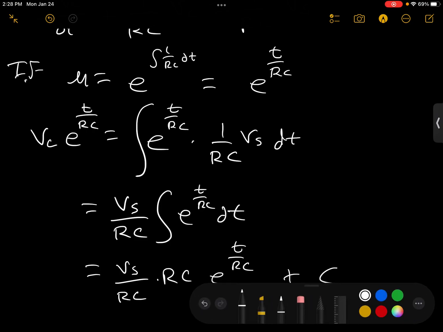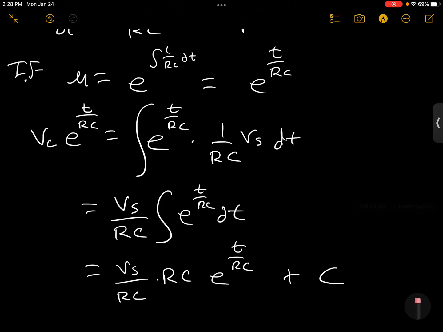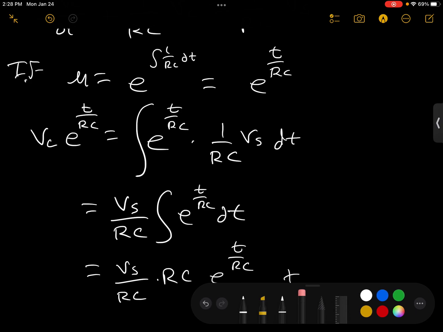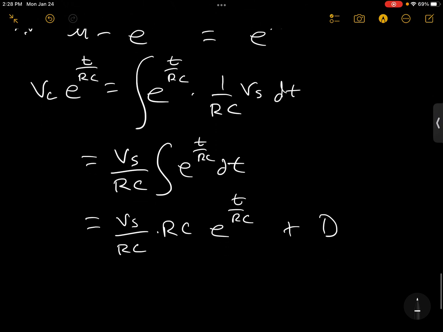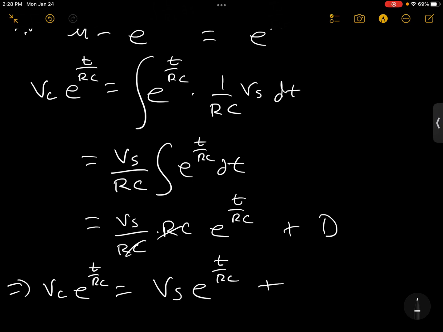I won't use C as a constant because we're already using it. I'll use D, just a constant. So rewriting, we have VC e to the t over RC equals VS e to the t over RC plus our constant.